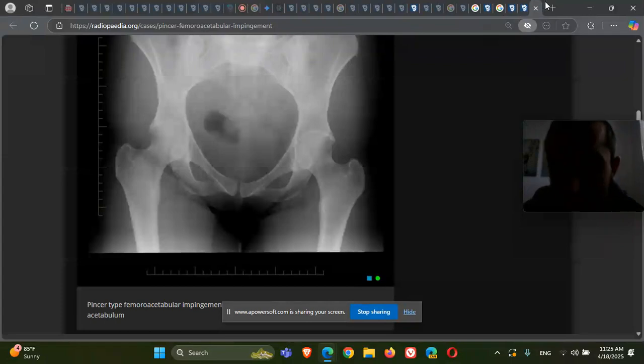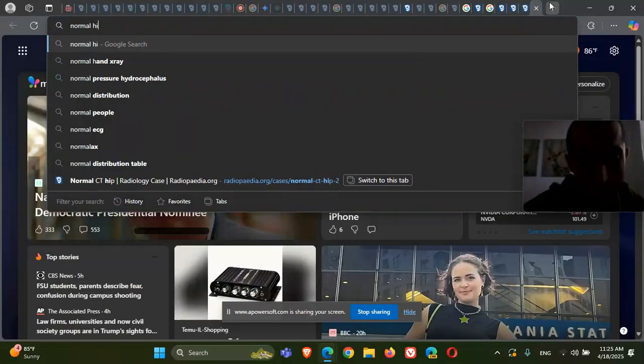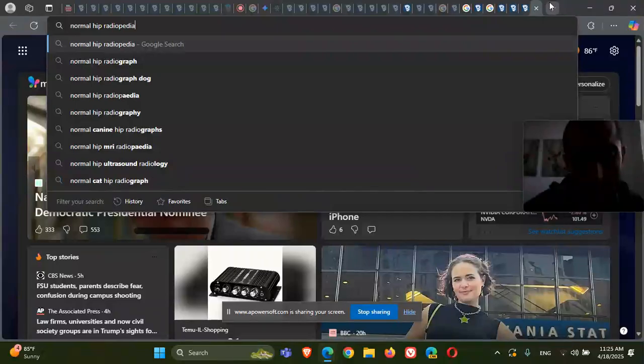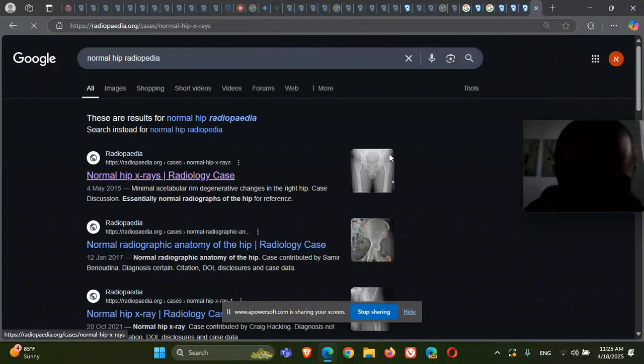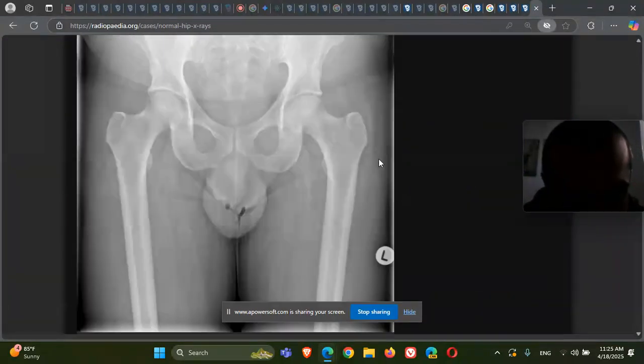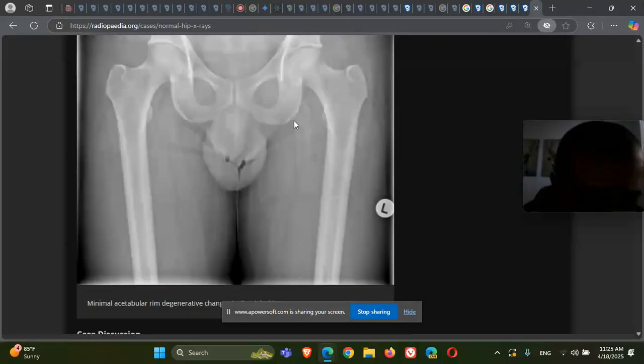Instead of being here and here, those two lines, the anterior acetabulum and posterior acetabulum, are quite hard to see, but they're right over here and right over here.